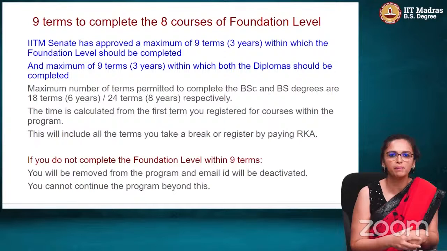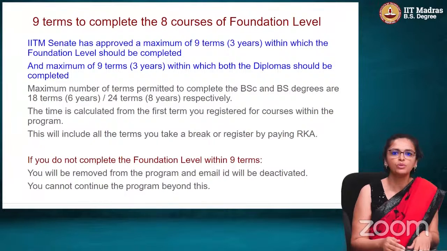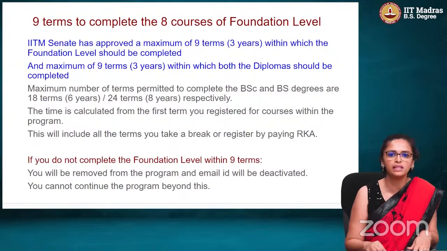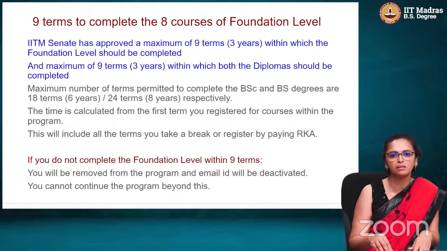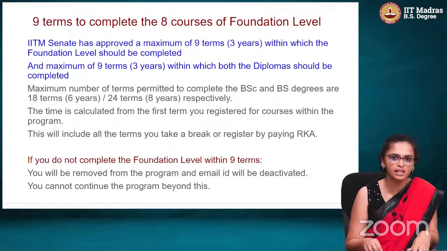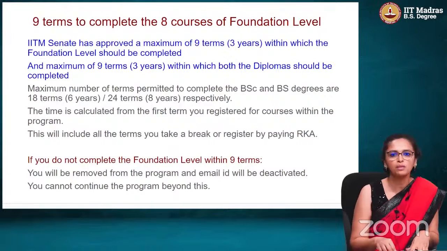So by December 2023, students who joined the foundation level in January 2021 would have completed 9 terms. If they still have not completed the foundation level, they would no longer be permitted to continue with the program and they will be removed from the program.